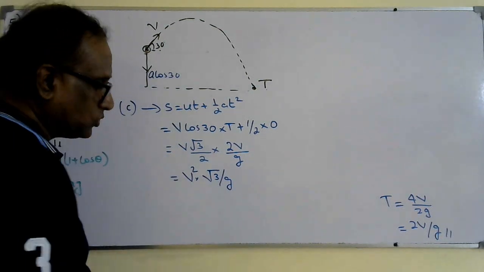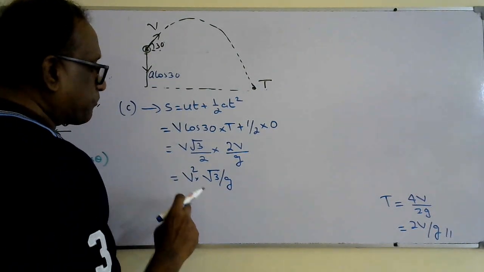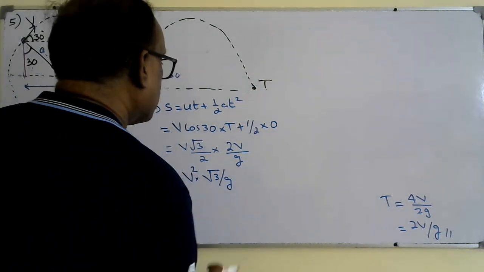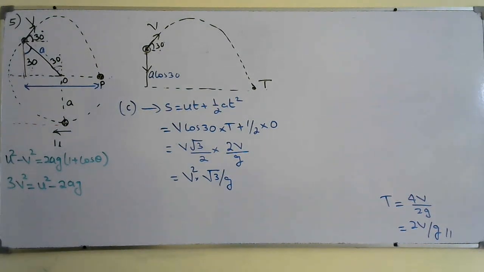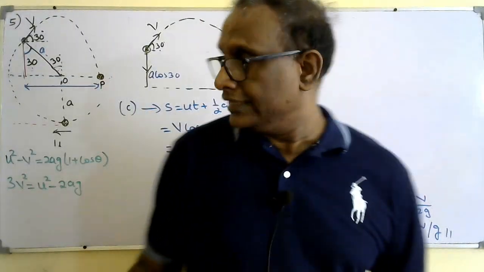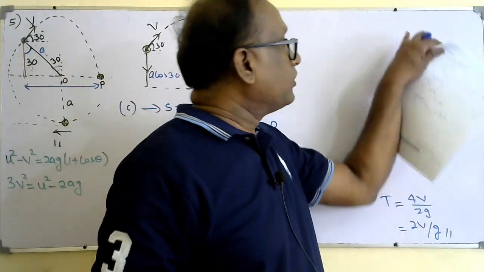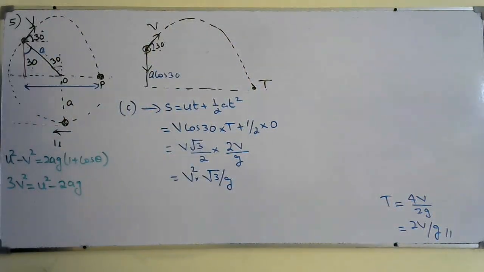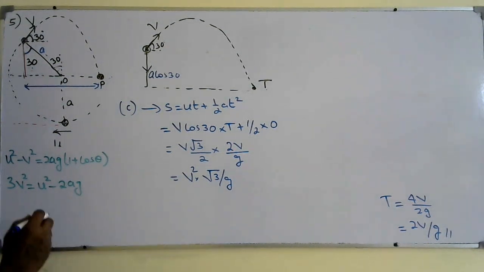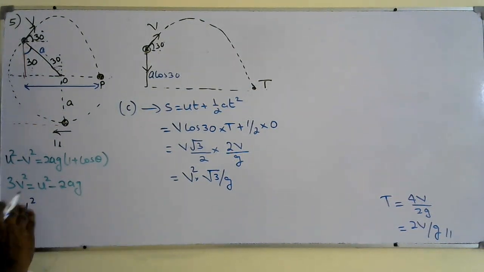Okay, still we have to do more. Now this V squared, we got it earlier. Yes, earlier when we were solving these two equations to eliminate the square root, we got an expression for V squared. We got root 3 AG when we solved it. I don't want to do it again.